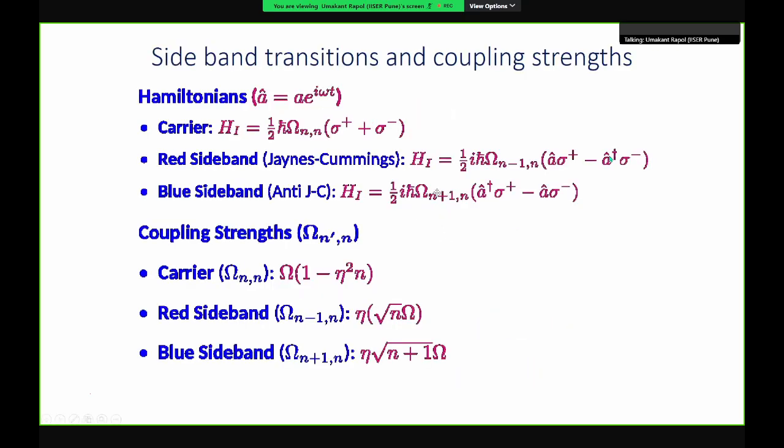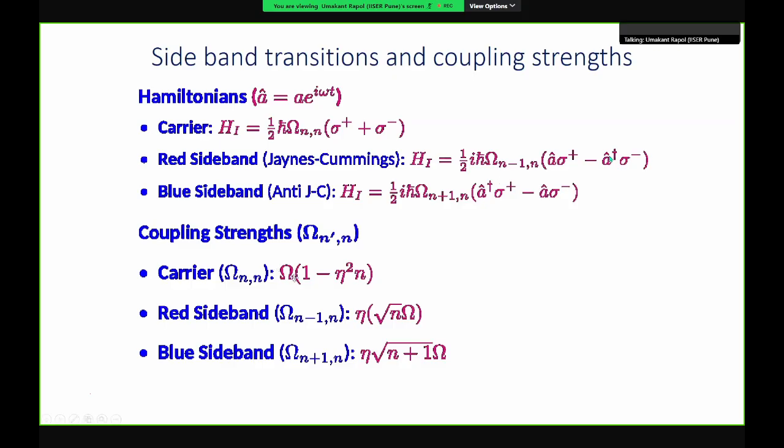Now you do all that, and you get the coupling strengths for the carrier, the red sidebands and the blue sidebands. For the red sidebands, it's a Jaynes-Cummings Hamiltonian, which I told you, where you couple from a higher excited level in the harmonic oscillator to a lower excited level. And the blue sideband is when you couple the atom from a lower energy level in the harmonic oscillator to the higher energy level.